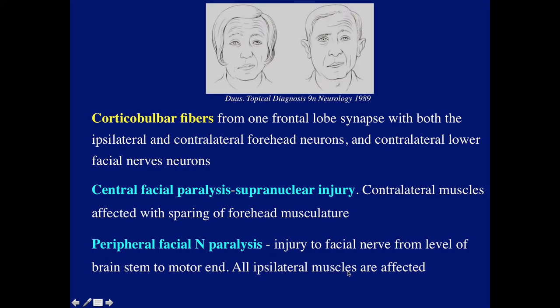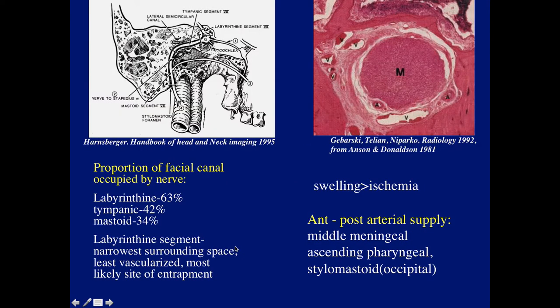All the ipsilateral muscles are affected. So you can see on this patient, he cannot elevate the forehead, or the forehead is involved in the entire face. So supranuclear and a peripheral injury.